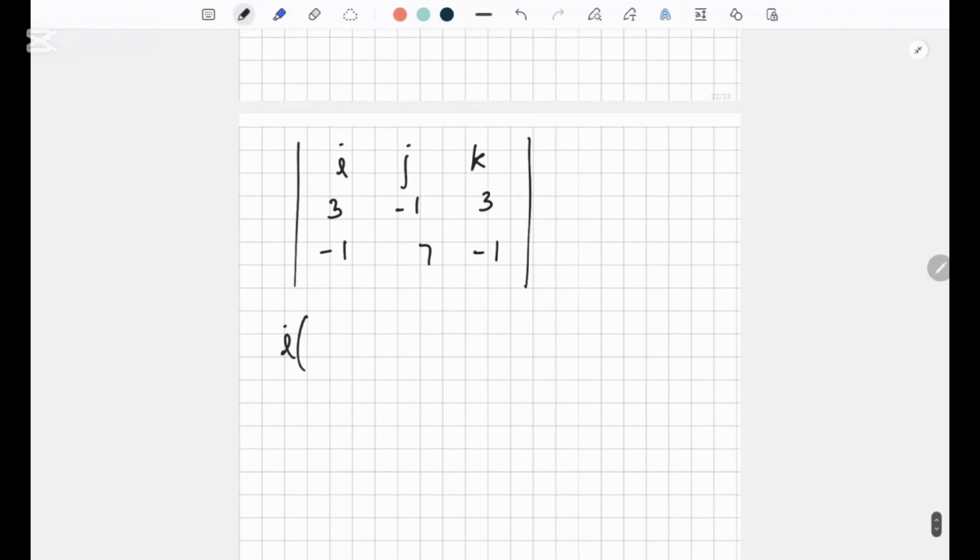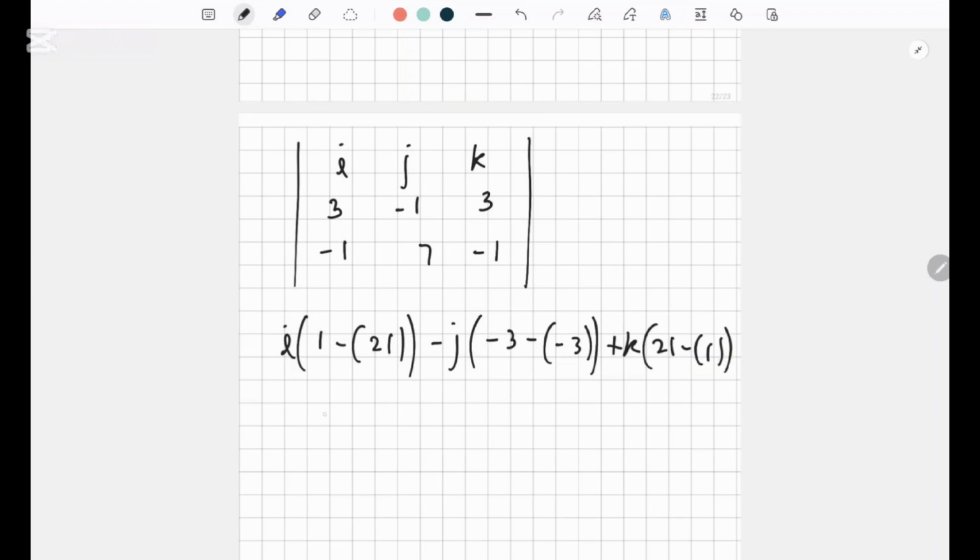So now, this is the cross product, right? You cross the first row and the first column, and you end up with these values. So it's i into 1 minus 21, minus j into minus 3 minus 3, plus k into 21 minus 1.